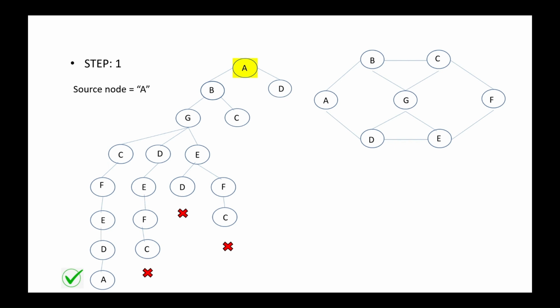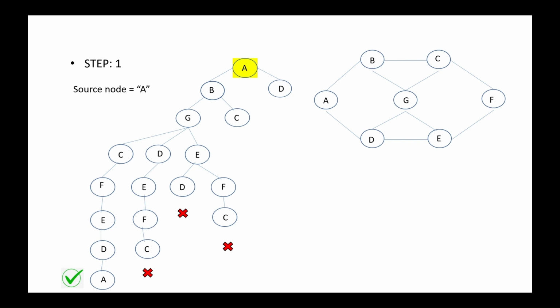For C, there are three adjacent vertices. One is B, G, and F. B is already visited and G is also already visited, so we didn't write both of them. We write F. For F, there are two adjacent vertices, one is C and another one is E. C is already visited, so we didn't write it.